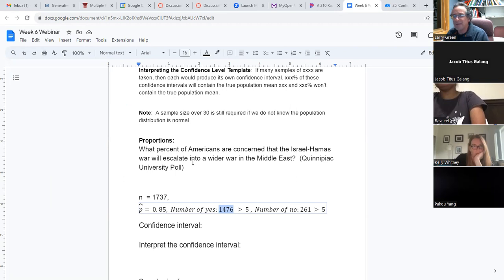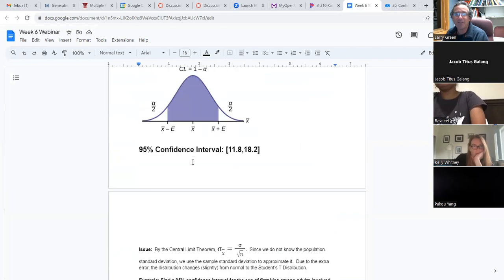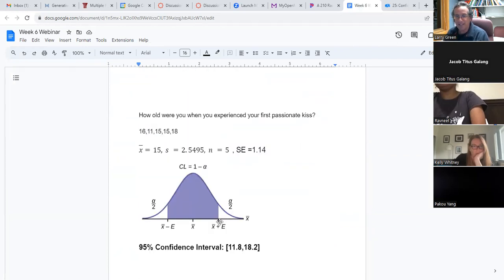The reason is, if you have a 90% confidence interval, so now I'm going to show you the picture again, having a 90% means you're going to have a smaller probability. But if you have a smaller probability, then you're going to have a narrower margin of error. Do you see that? If you have too high a confidence level, then you're going to have data that's not very meaningful.